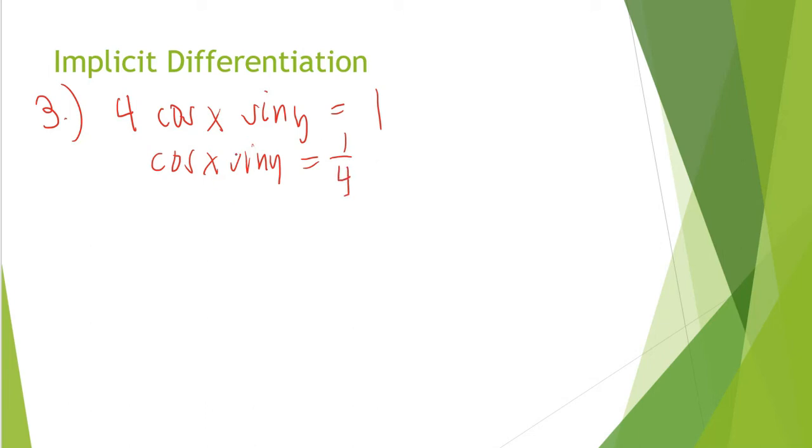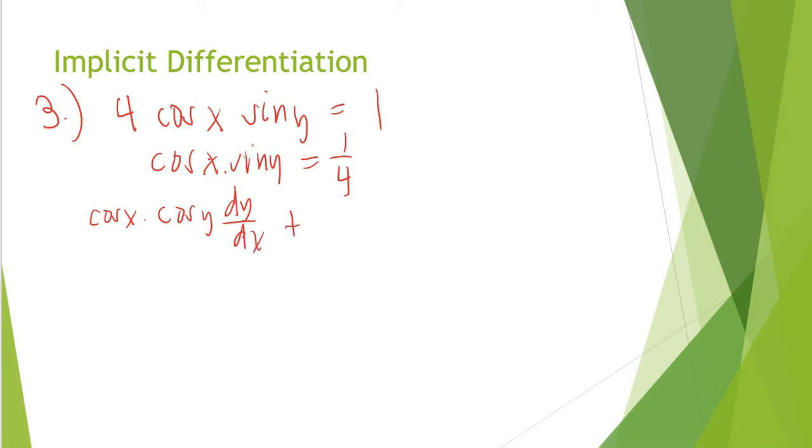And then since this is a product rule, this cosine x times sine y, we differentiate that. So the cosine x, the first one, times the derivative of sine y. The derivative of sine y is cosine y. So cosine y, since y is what we are differentiating, we attach dy over dx.